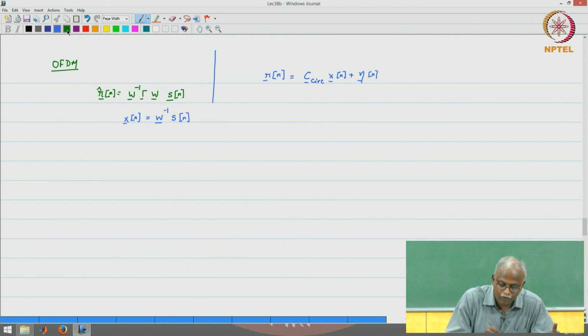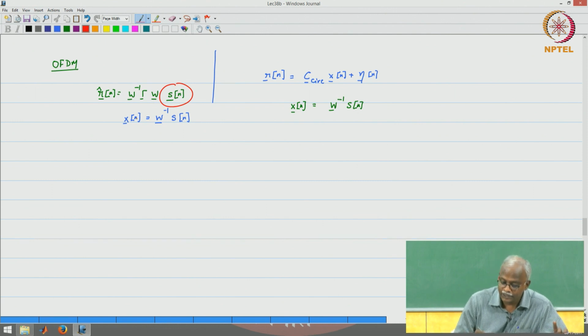So basically what we want to do is x of n will be equal to the matrix W inverse times S of n. So instead of this one I should be writing x of n, the transmitted signal. If I transmit W inverse times S of n, then it becomes W inverse lambda times W times W inverse times S of n.